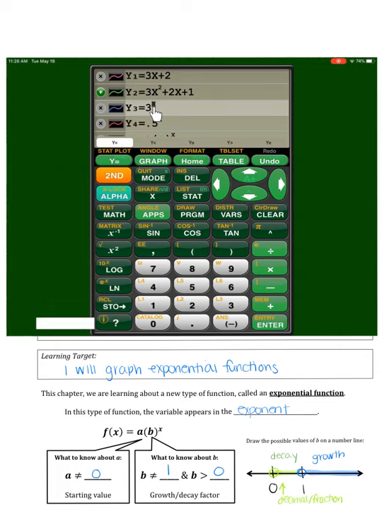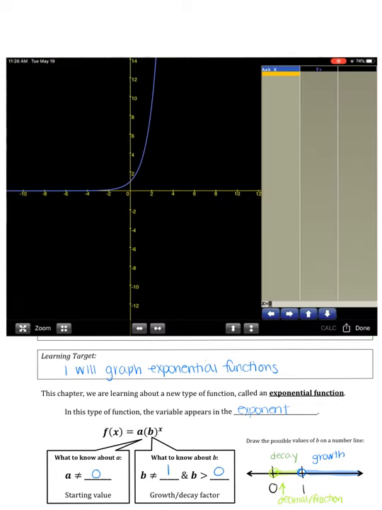So if we have a number being raised to the x, what shape will that graph take when we graph it? Let's take a look at y equals 3 to the x. The shape of this graph is kind of interesting. If you trace along it, we'll see that in the negative x's, when x is a negative exponent, it will be really close to 0 on the y, but it will never actually touch it.